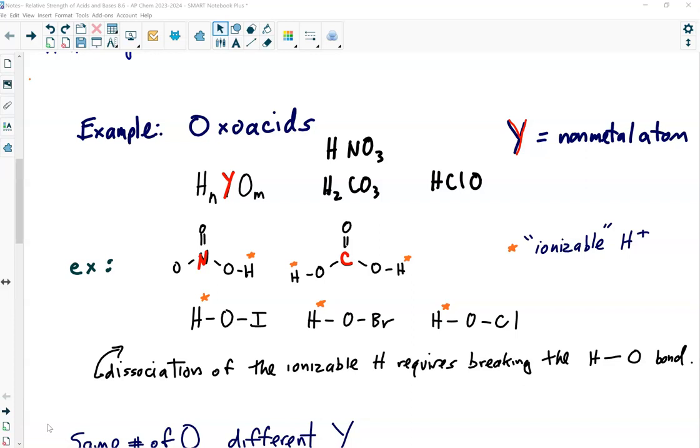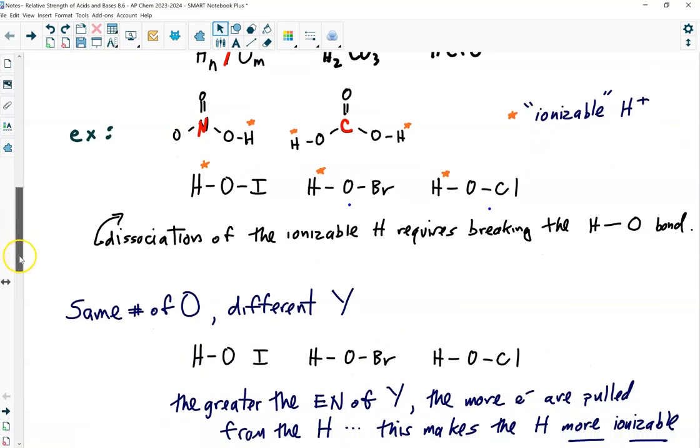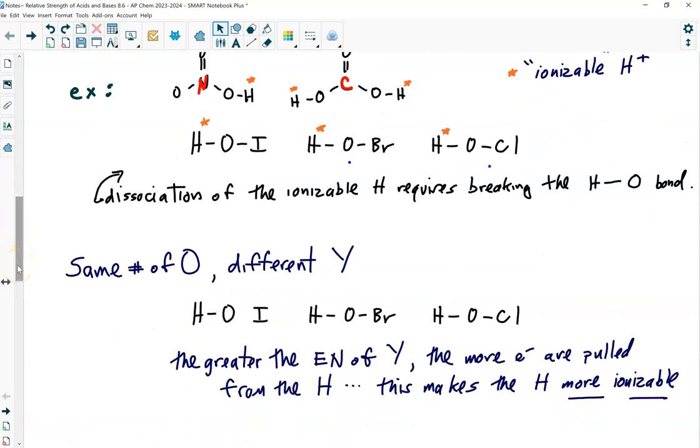Okay, so let's scroll down and see what happens if you have the same number of oxygens like you do in this example I have there with HOI, HOBr, and HOCl. Which one of those would be stronger? Whichever one of these is bonded to the more electronegative nonmetal, which is chlorine in this case, yes?